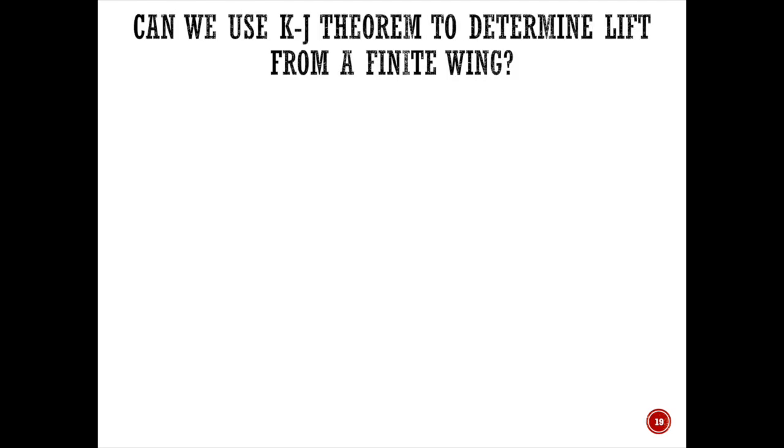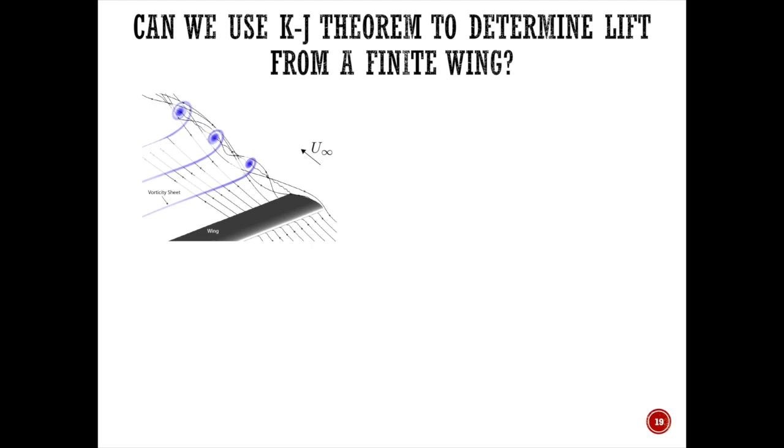All right, now we just want to make sure that we can determine lift from a finite wing using the Kutta-Joukowski theorem, by connecting Kelvin's theorem, the Kutta-Joukowski theorem, the bound vortex, and also the Helmholtz theorem. Okay.